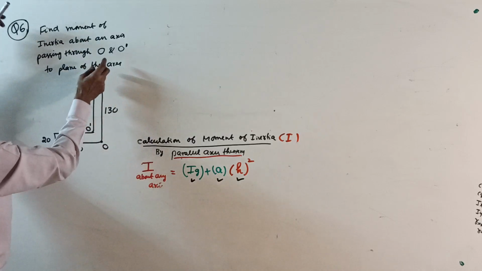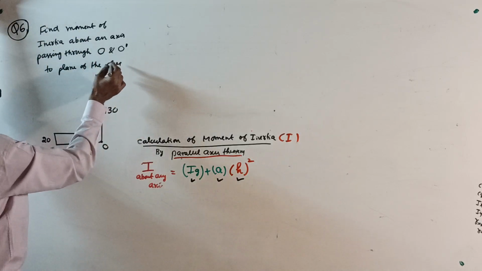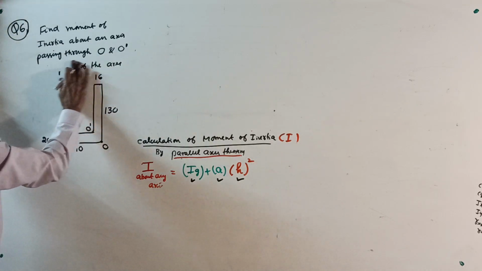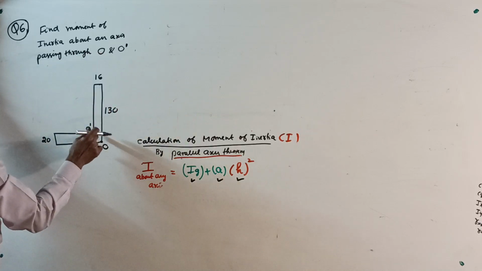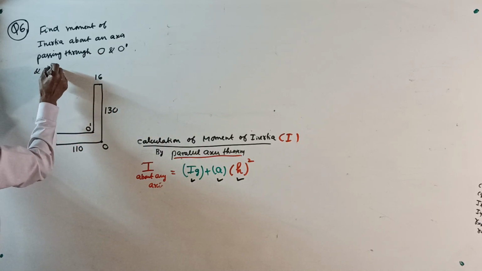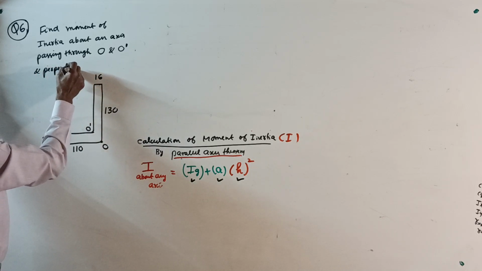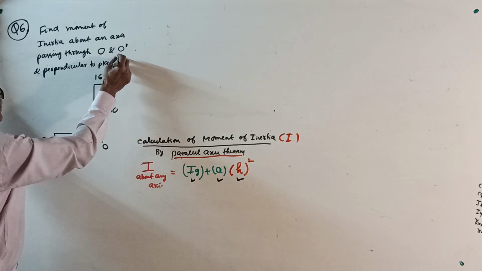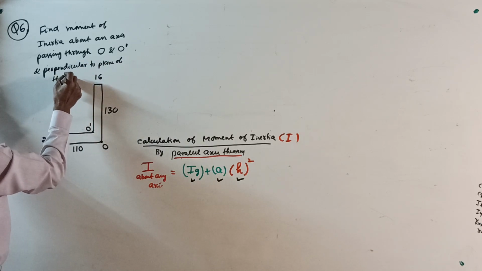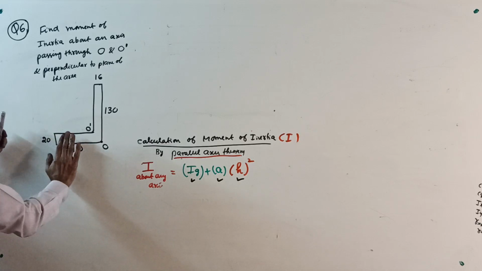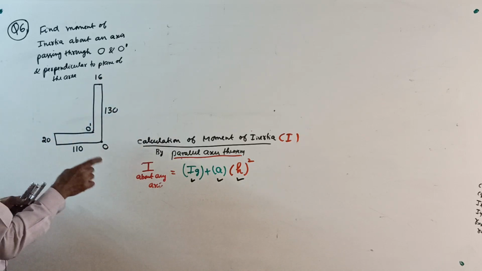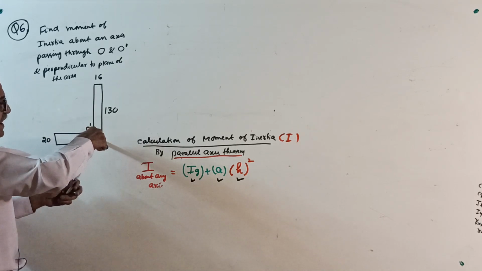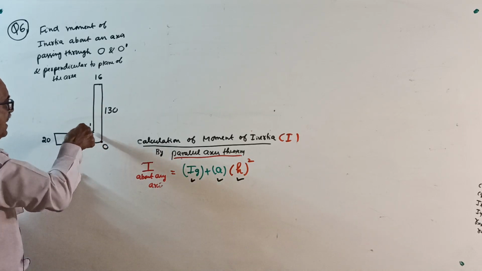Passing through O and O dash and perpendicular to the plane of the area. That means this is the plane of the area. First they want I about an axis passing through O perpendicular to this plane, this axis. Then they want about this axis.